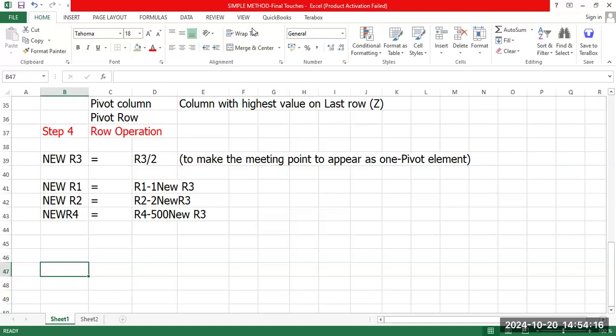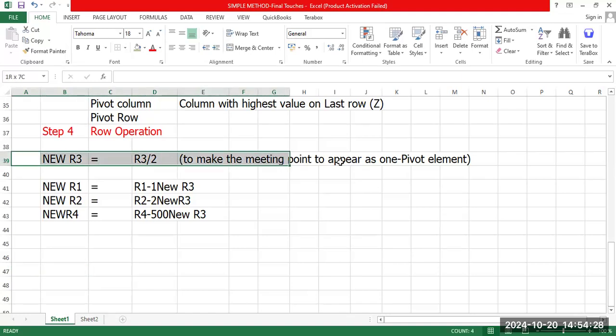Colleagues, is it hard to develop these formulas? Is it hard? You just need to know the first formula you should develop under row operation is this one. You need to first make sure that the meeting point appear as 1. So come up with a formula that is going to help you to make that meeting point to appear as 1.